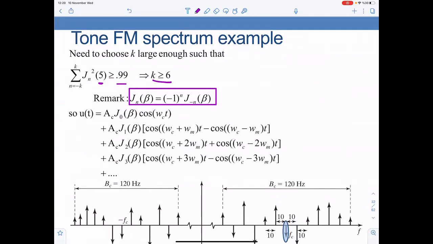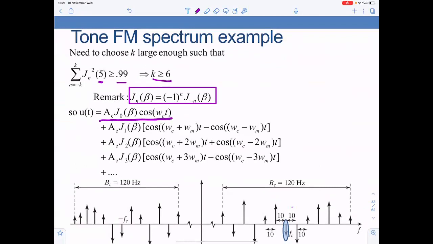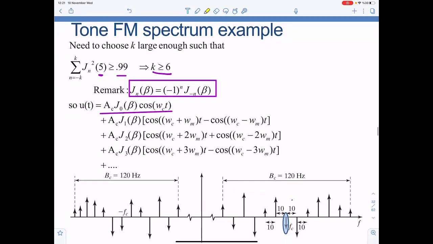Okay. What does that mean? So first we have this J0 component appearing at FC, and the corresponding negative version. And now we have 1, 2, 3, 4, 5, 6 sidebands.